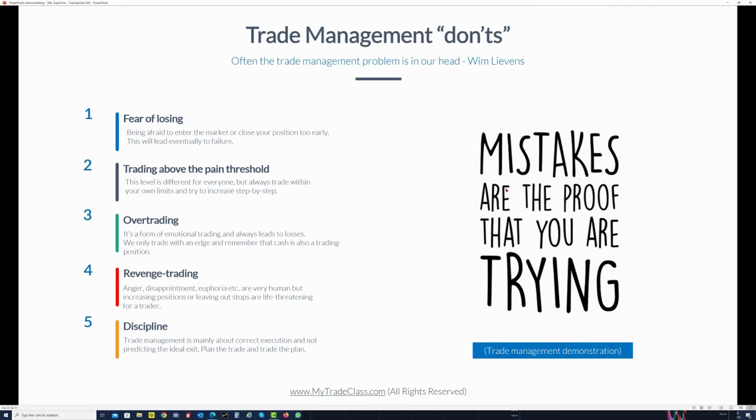Now, money management is something that I will not discuss here. I just put it in my presentations because it's like a small bonus. The only thing I would say, what I see sometimes is that people are trading above the pain threshold. I would strongly advise against that. Trade in your comfort zone in the beginning, and once things are going well, then slowly build the position up.